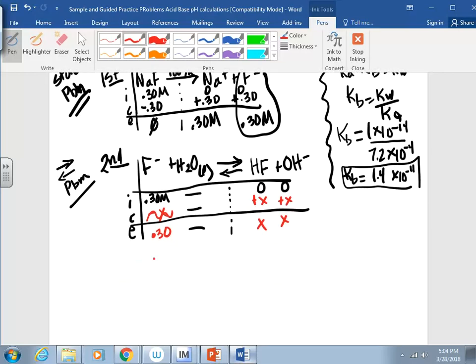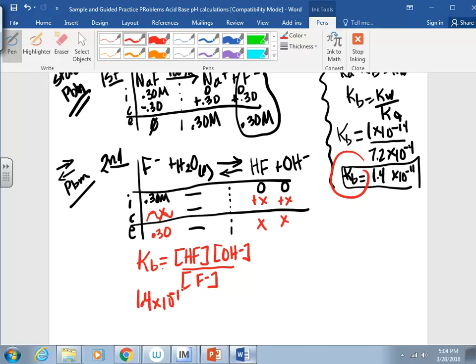All right, so let's set up our law of mass action. So Kb is equal to the concentration of HF times the concentration of OH minus divided by F minus. Don't include the water. So we're going to pull the Kb value from here. 1.4 times 10 to the negative 11 equals x squared over 0.30.